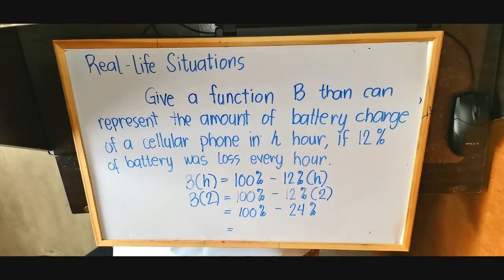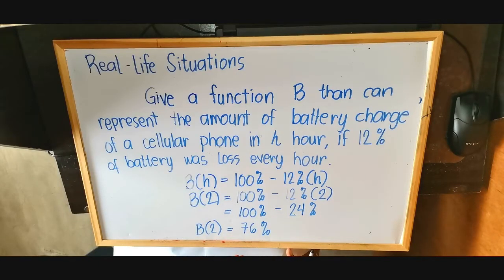So, ilan na lang ang battery percentage ng inyong cellphone after using it for 2 hours? 100 minus 24 is 76%. So, therefore, b of 2 is 76%.